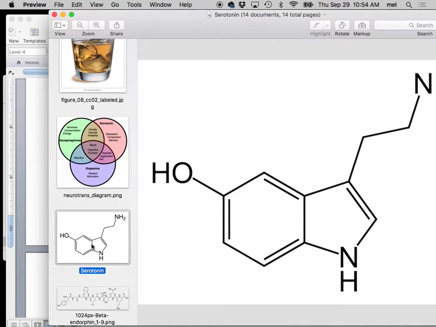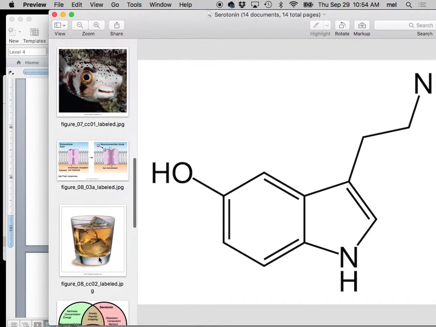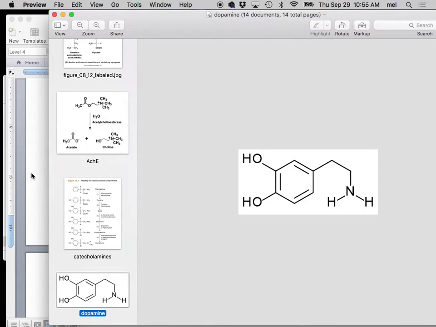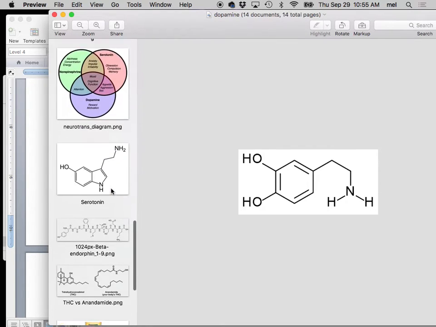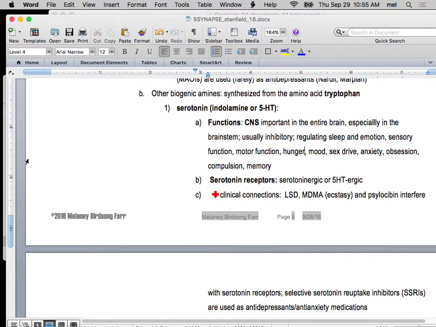Okay, so this is serotonin. Notice it has a chemical structure that's different enough that you can imagine it won't activate the same receptors as these, right? Sorry, that's dopamine. Where are you, serotonin? I lost you. That's serotonin. Serotonin is derived from the amino acid tryptophan.